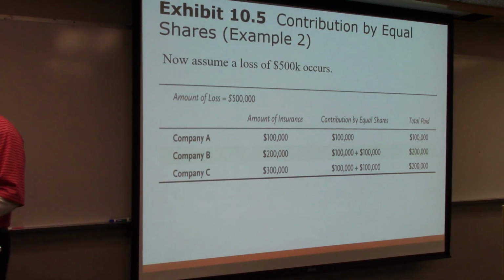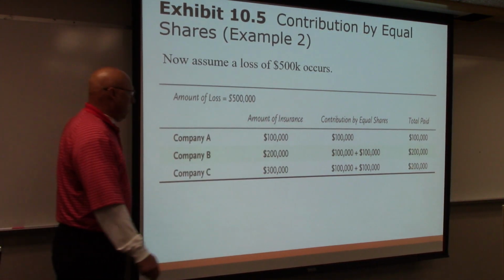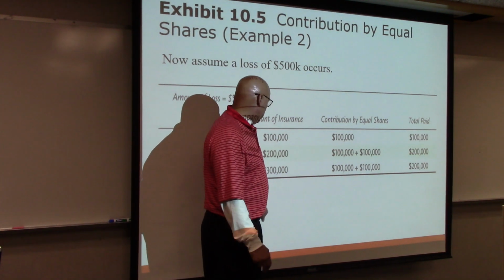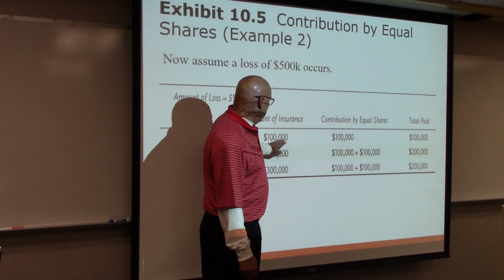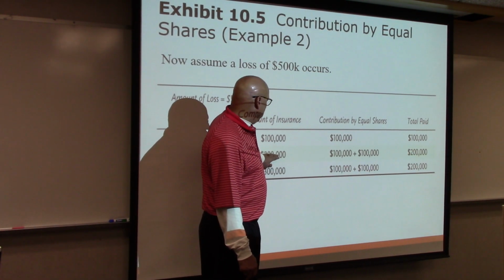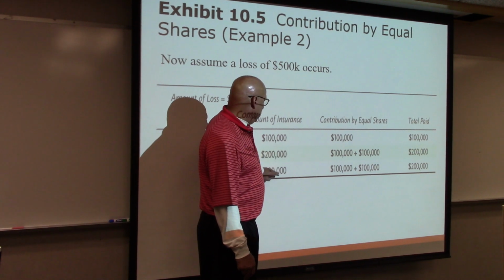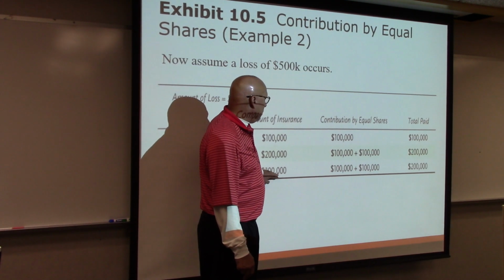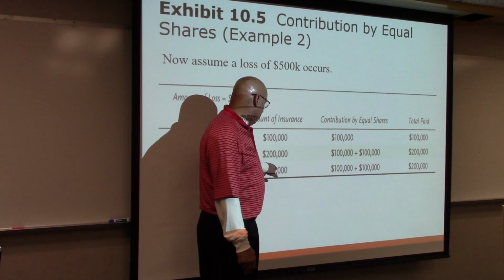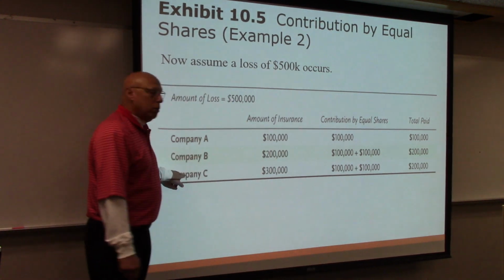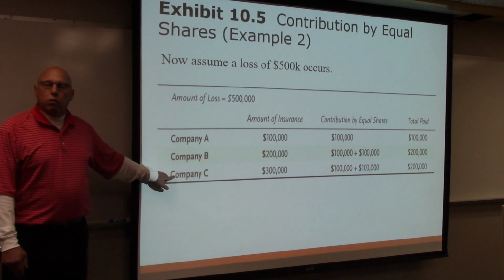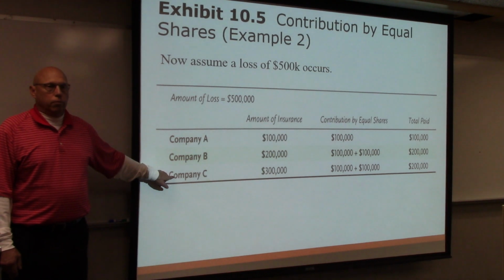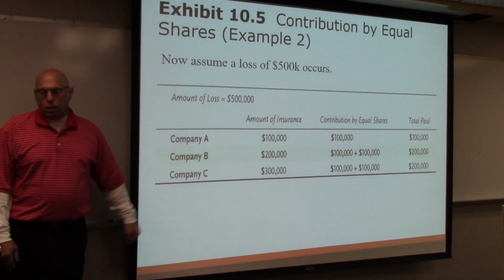You can do the math that shows at what amount it changes. It would have to be 100, 200 is 300, and 200 is 500, so it would have to be above 500 for this company to have more risk exposure.